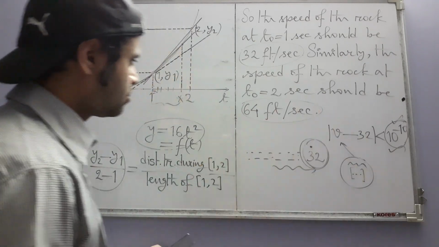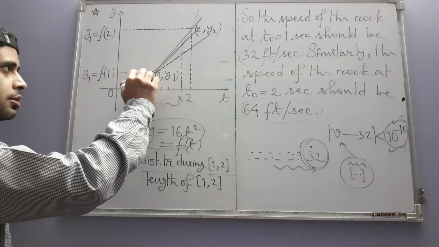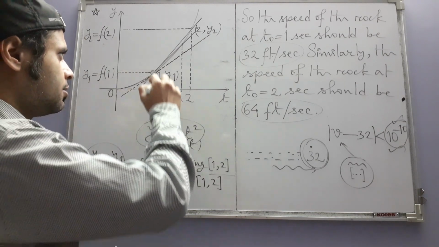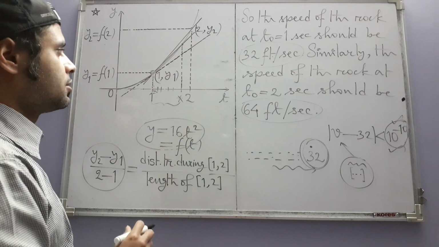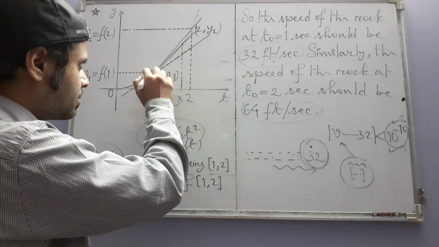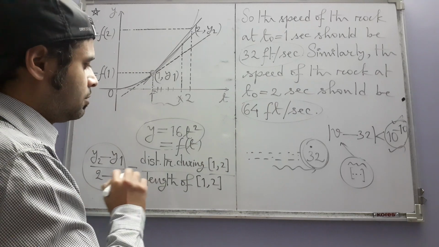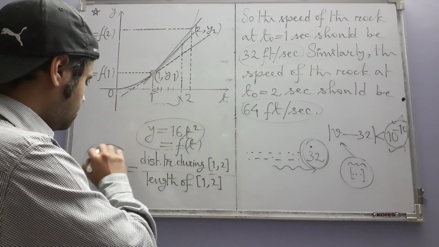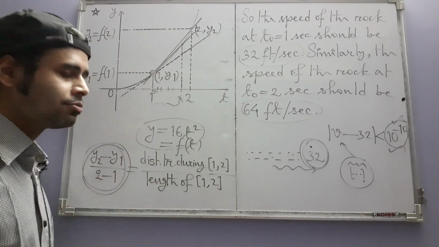Other than those cases, in the other cases where limits do exist, there is this relationship between the slope of the tangent to the curve at that point and the rate of change.